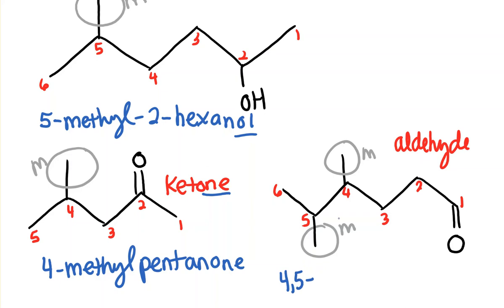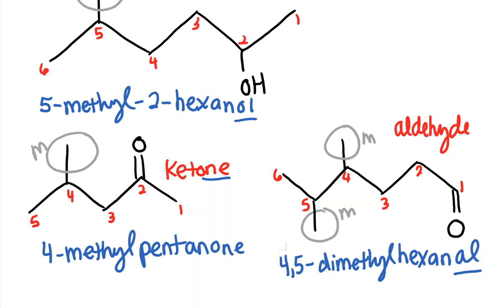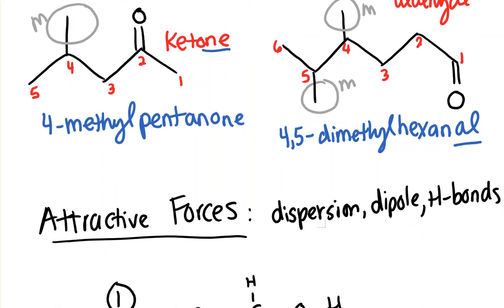And then I don't say methyl, I say dimethyl. And then the last name, I don't say 1-hexanal because I don't say this number. It has to be on an end. So I just say it's 6, so I say hexanal, that al ending. So those are the new families.